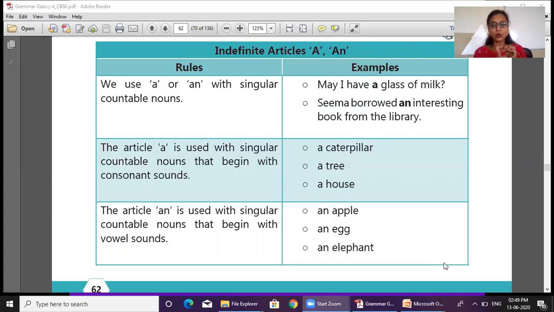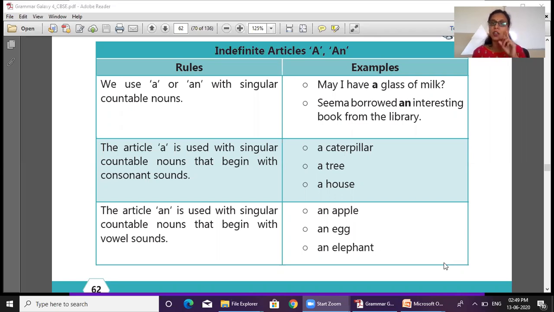The beginning sound of caterpillar is a consonant sound. A tree, a house. These are consonant sounds. These words are beginning with consonant sounds. In the same way, an is used before vowel sounds.